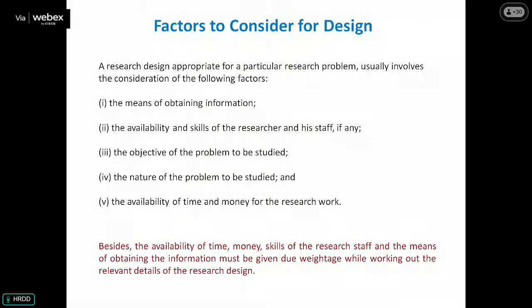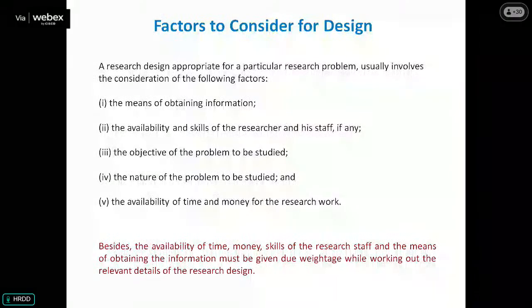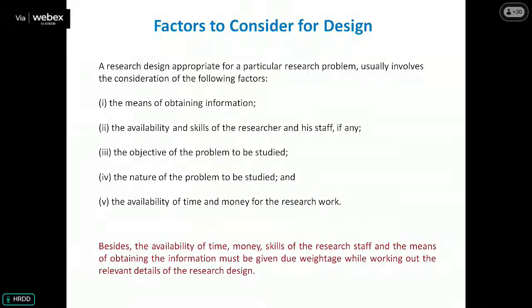Then the availability and skills of the researcher and his staff: the skills in my lab are the skills I will have, and then those we collaborate with outside. The objective of the problem to be studied: what is the objective? Means the hypothesis which you have proposed, the nature of the problem, and the availability of time and money for the research work.